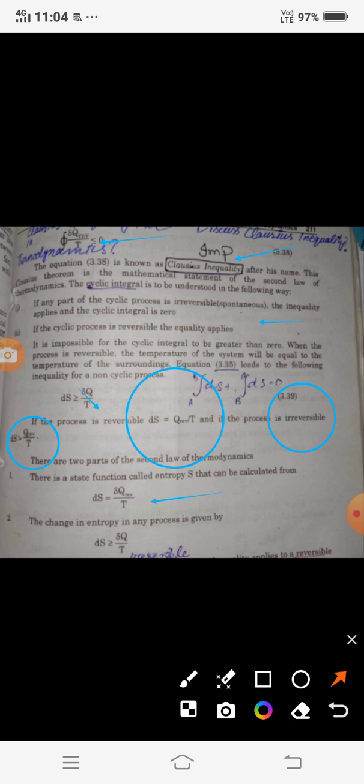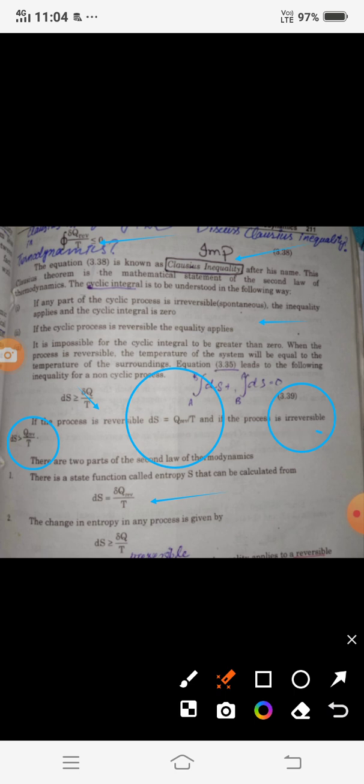It is always equal to 0 when the process is reversible. The temperature of the system will be equal to the temperature of the surroundings in that case. So the equation appears in this form. With the help of this equation, when a reaction is taking place that is not in cyclic form, non-cyclic, the inequality appears in this form.